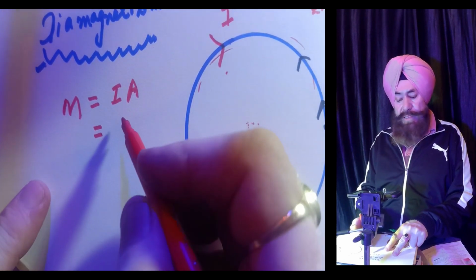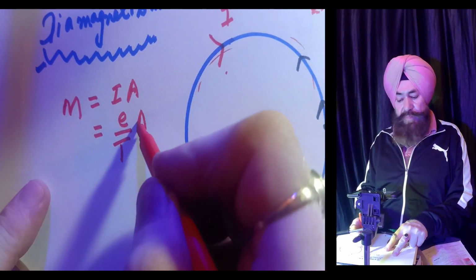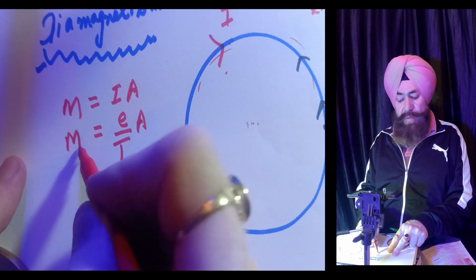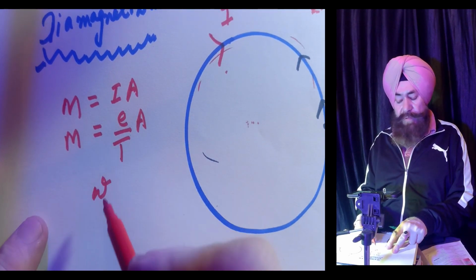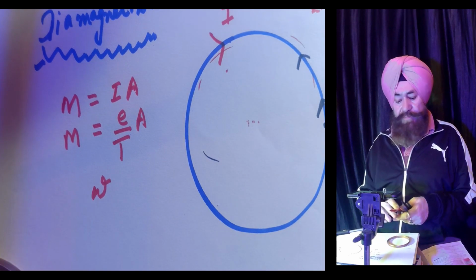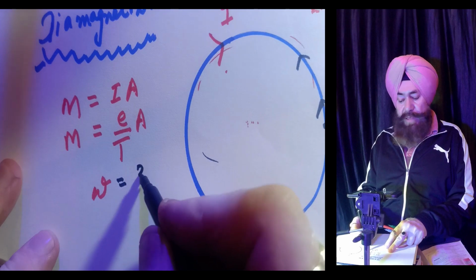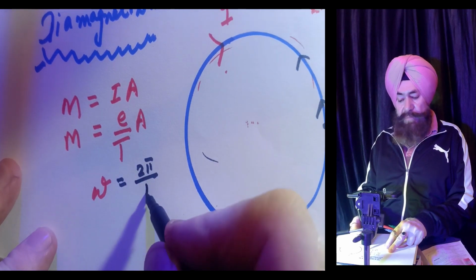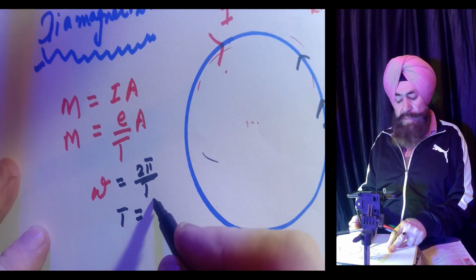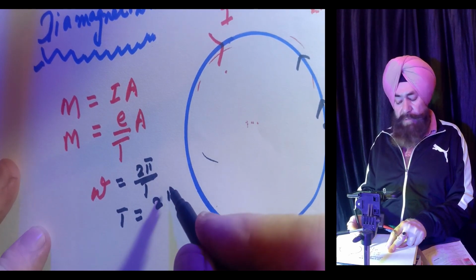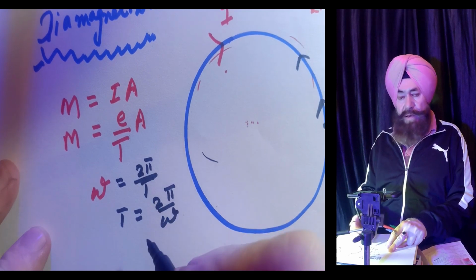You know current is charge over time. You know very well about angular velocity. What is angular velocity? It is 2 pi upon T, angle over time. From here the time period is 2 pi by omega.